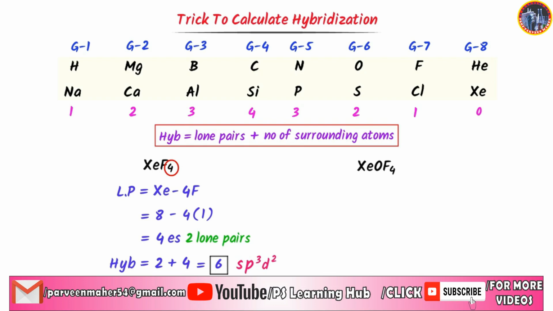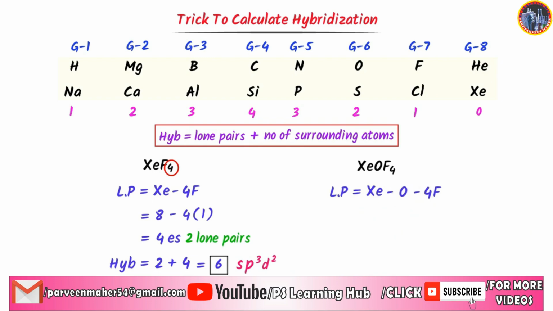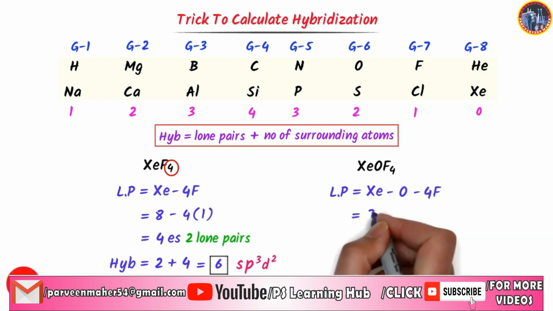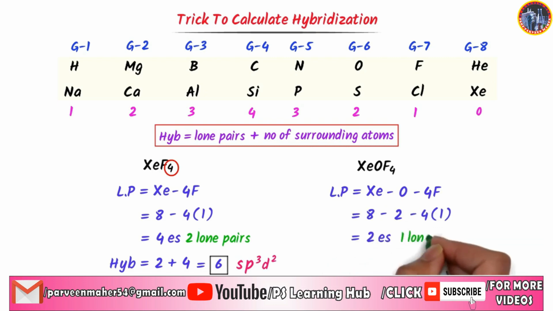In case of this molecule, I write xenon minus oxygen minus 4 fluorine. I write 8 minus 2 minus 4 into 1. I get 2 electrons or 1 pair of electrons. Secondly, hybridization is equal to lone pair of electrons plus number of atoms surrounding the central atom.